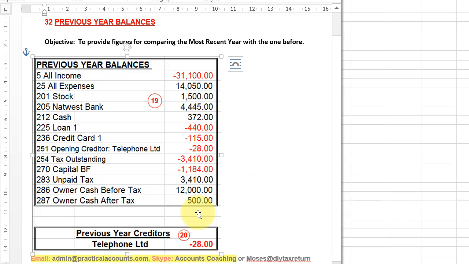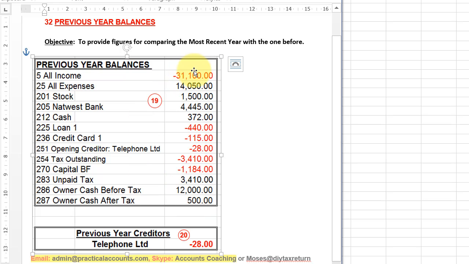In that here, we sum up the owner's equity, and yes, we sum up the owner's equity plus the difference between these two. So ideally, we have all incomes, all expenses, and then all these summed up into the capital brought forward.